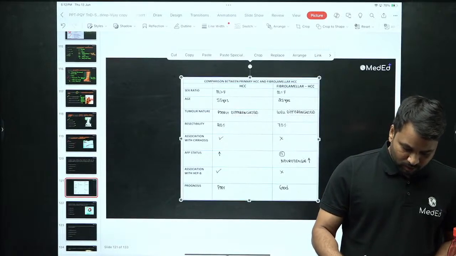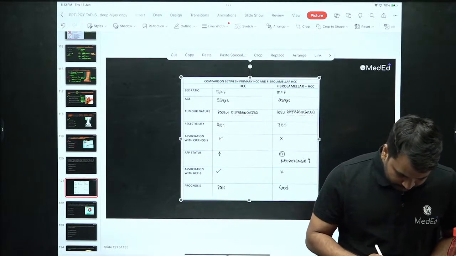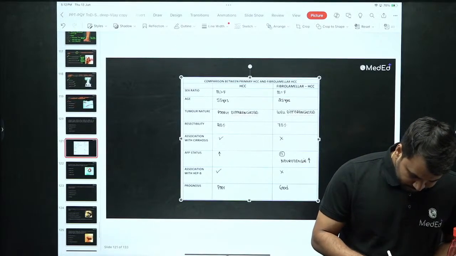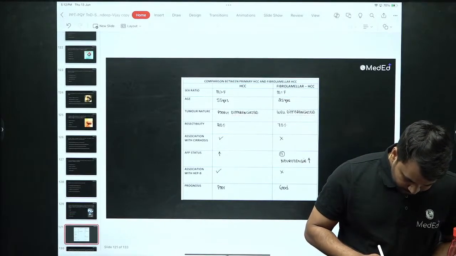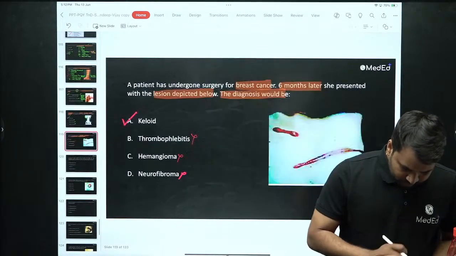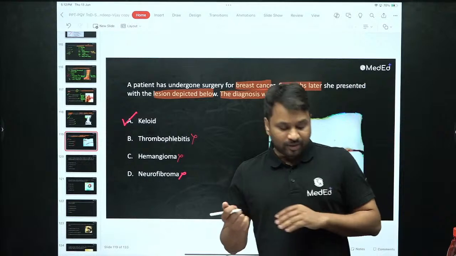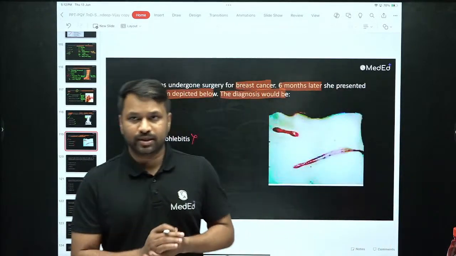So we have a table that I would want you... It's a wrong table here. This is for HCC. Right, so quick off couple important points about your hypertrophic scar and keloids.